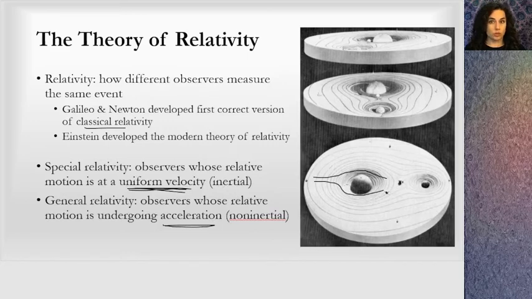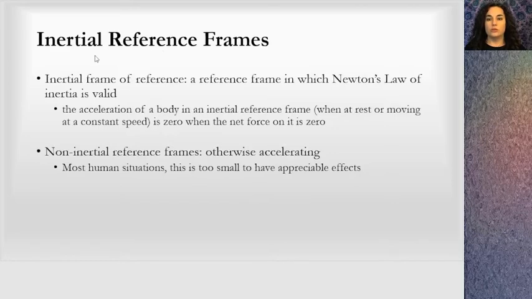And we introduce a few terms here, inertial and non-inertial. So inertial reference frames are reference frames in which Newton's laws of inertia are valid. Newton had a lot correct in his laws about acceleration, and because this frame is not accelerating, we can take into account any acceleration according to Newton.